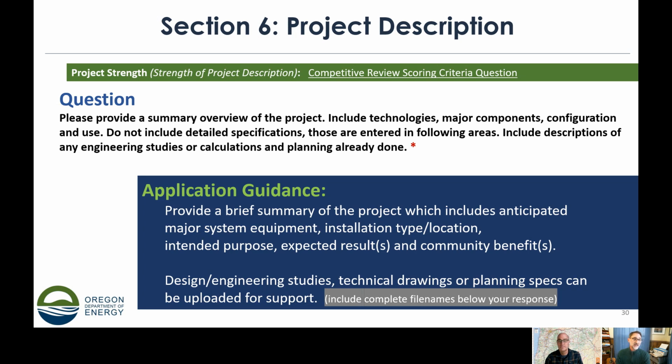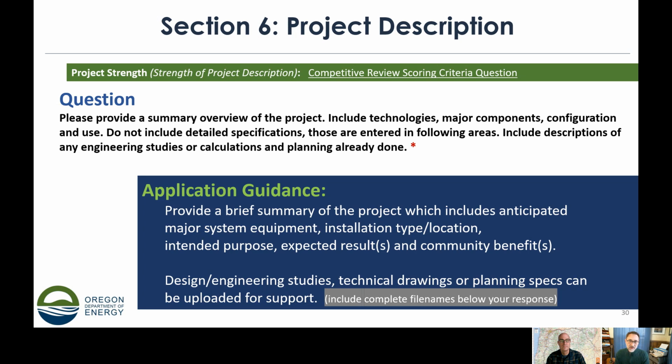Include descriptions of any engineering studies or calculations and planning already done. What we are looking for here is a succinct but summary overview of the entire project, including the technologies you're planning to use, whether that be just solar or wind or what have you, and any of the major system components within the renewable energy project and/or within the resilience component of it.